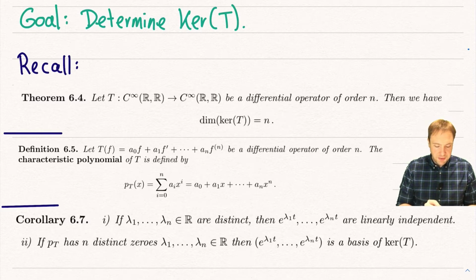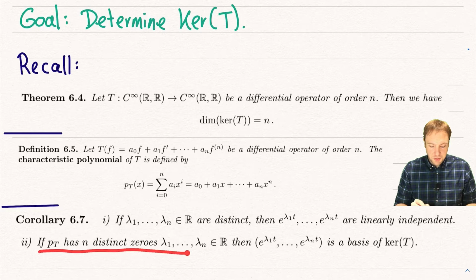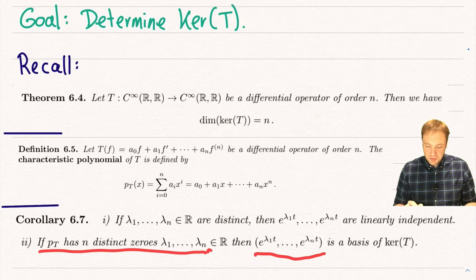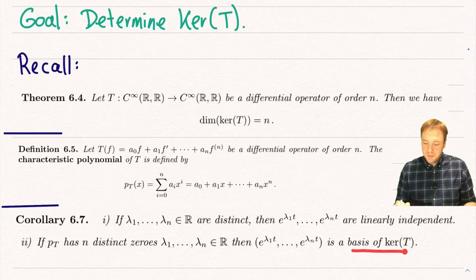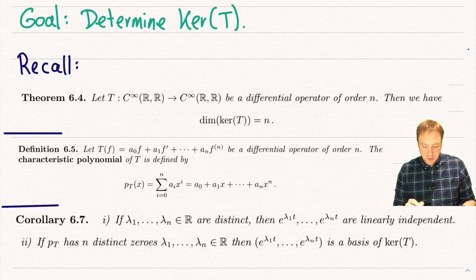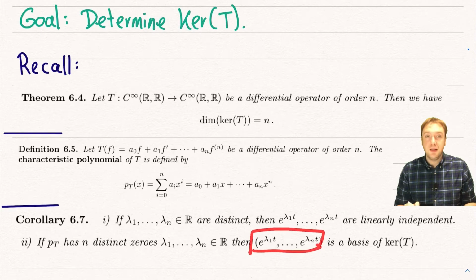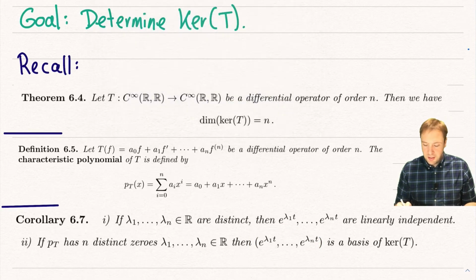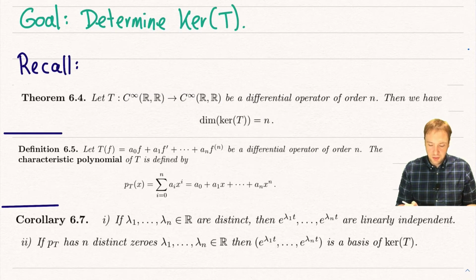And then the statement was that if this polynomial has n different zeros, which we call lambda 1 up to lambda n, then these functions e to the lambda_1 t up to e to the lambda_n t give a basis of the kernel of T. So in this case we found n linearly independent functions which are elements in the kernel, or in other words, which solve this homogeneous differential equation.